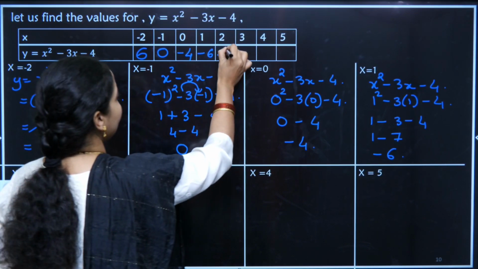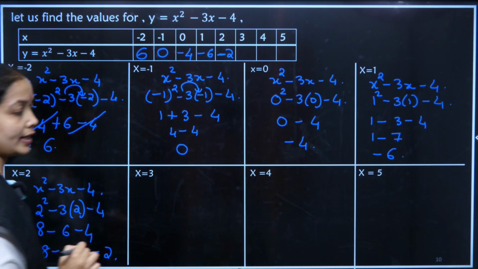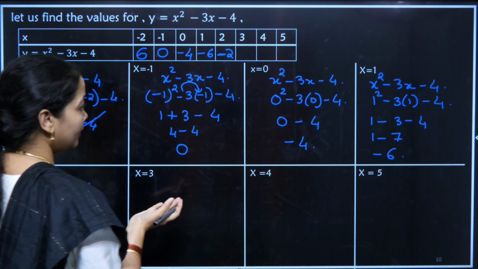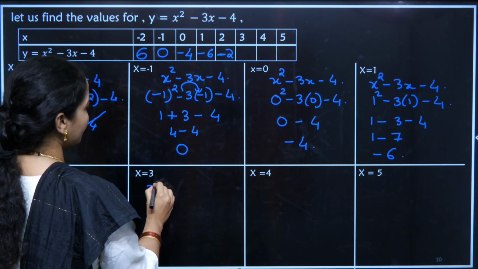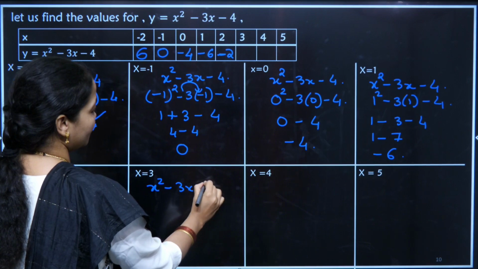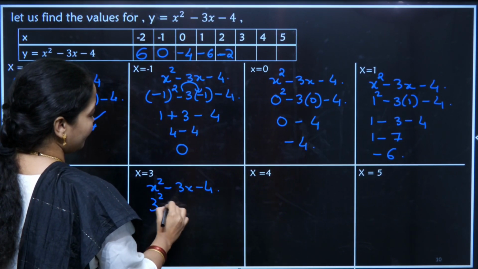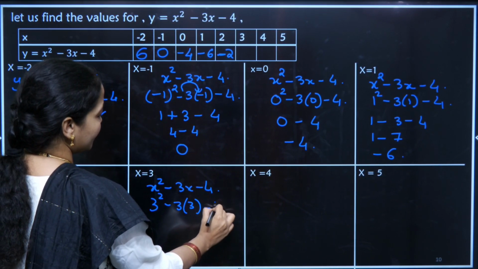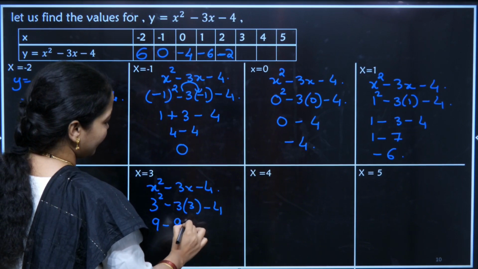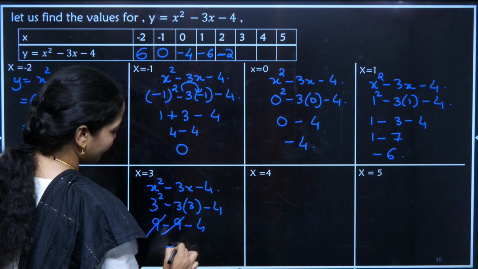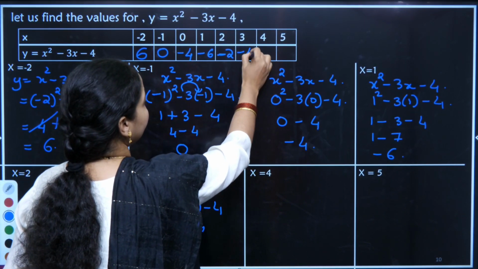Substitute it immediately so that you are not going wrong at all. Finding the next value, 3 square minus 3 into 3 minus 4, 9 minus 9 minus 4, this is gone. So I have negative 4.